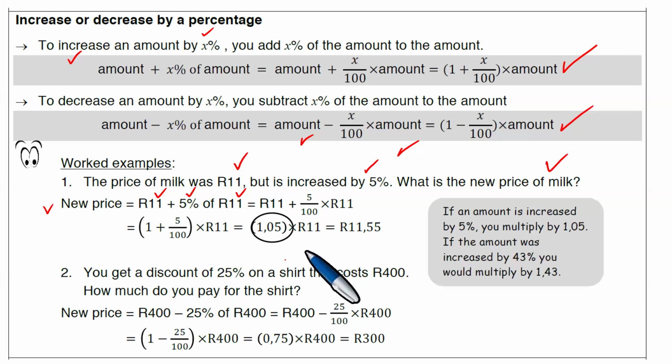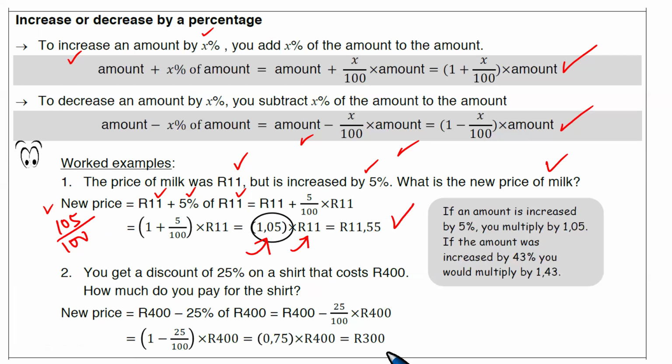And then this is the same as what? If you add 1 plus 5 out of 100, it's the same as multiplying the 1 by 100, getting 100, plus the 5, which is 105, over 100. 105 divided by 100 means you move the decimal place, giving 1.05. There are a couple of ways to do this.